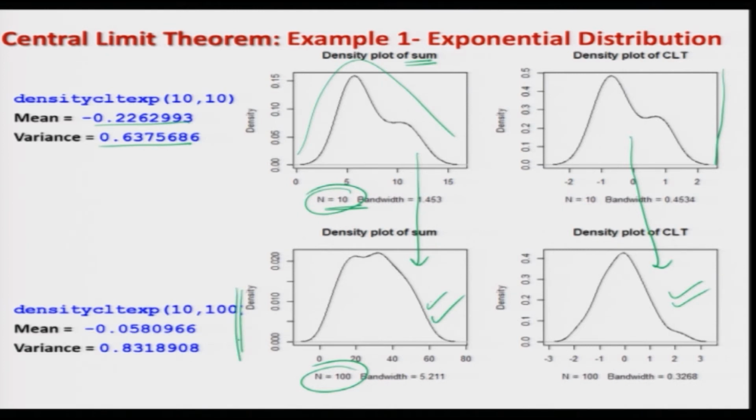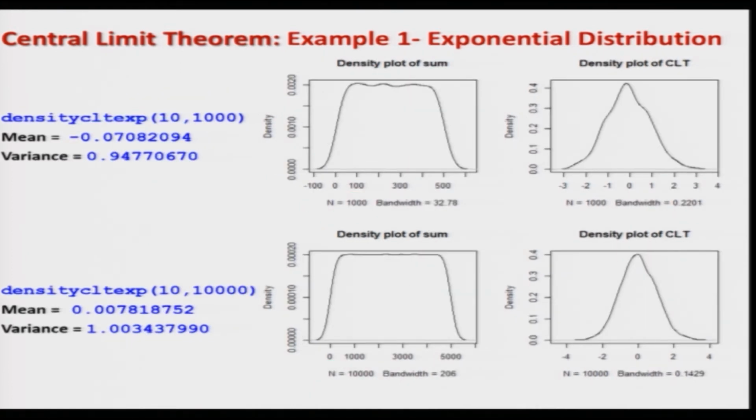You can see that the mean is coming out to be, say, minus 0.22, which is quite close to 0, but still not actually 0, and the variance is not actually 1. But if you increase the sample size, the mean and variance go closer to 0 and 1 respectively.